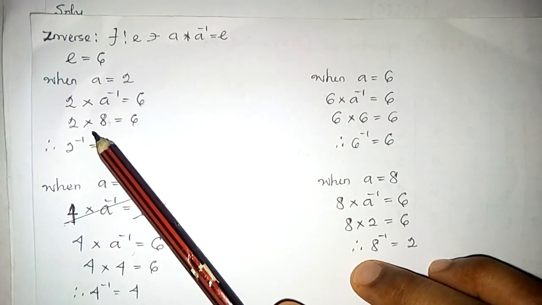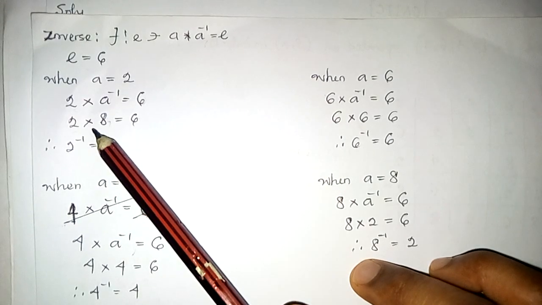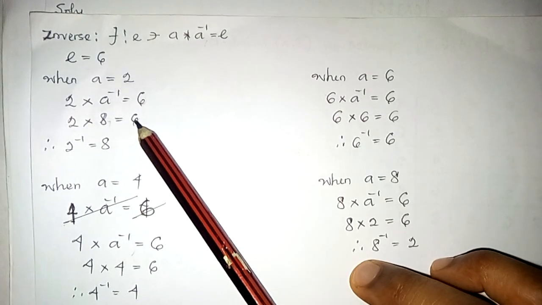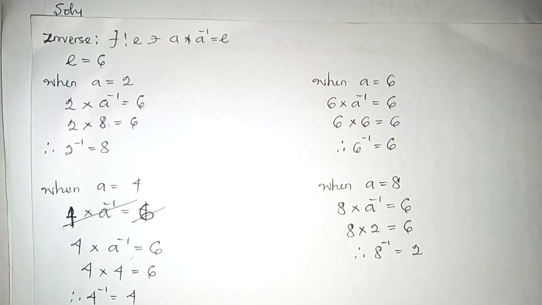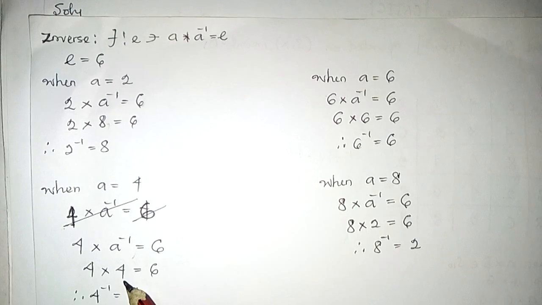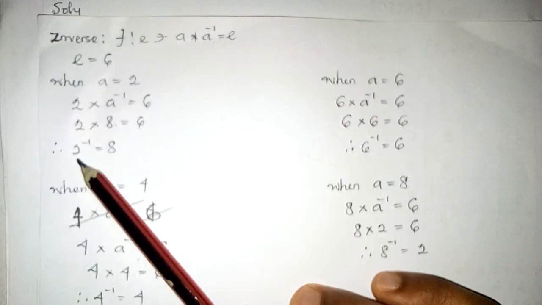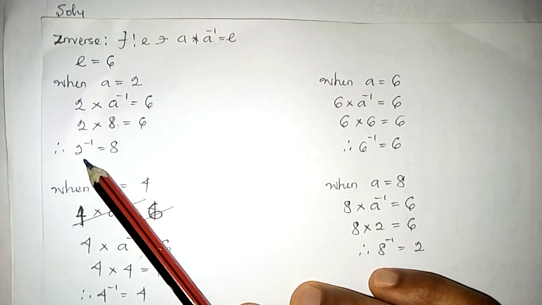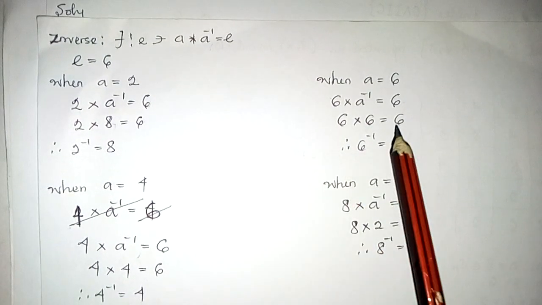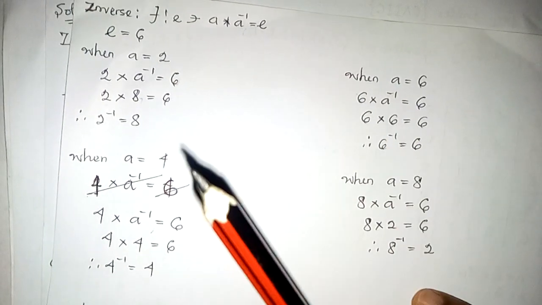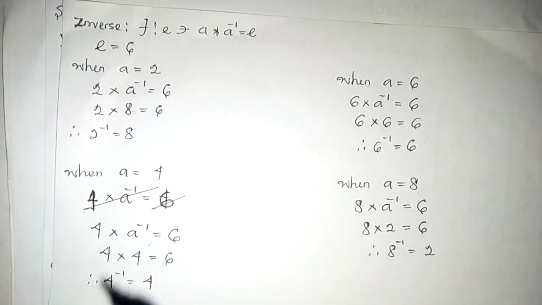So from the table, if you go back to check, you'll find out that if you multiply 2 by 8, you are going to get 6. If you multiply 6 by 6, you get 6. You multiply 4 by 4, you're going to get 6. That's trying to tell you that the inverse of 2 is 8, the inverse of 4 is 4, the inverse of 8 is 2, and the inverse of 6 is 6.